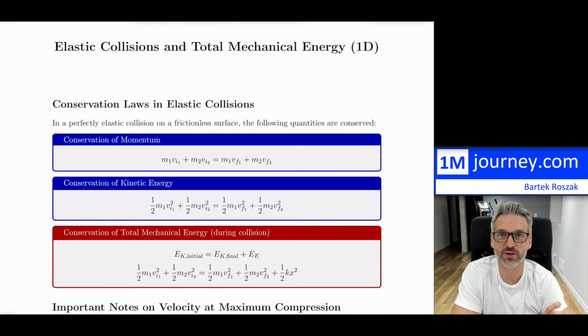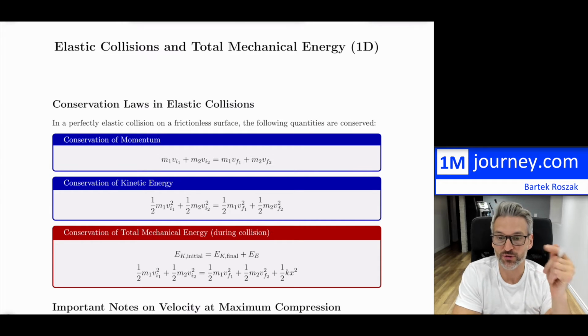So you can see here on the screen, I put up the conservation laws in general. We, of course, know that momentum is conserved. So that's number one. Then we know that kinetic energy is conserved when you have elastic collisions.